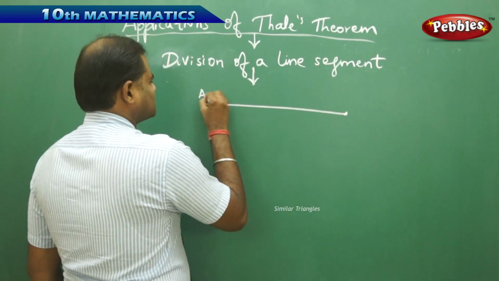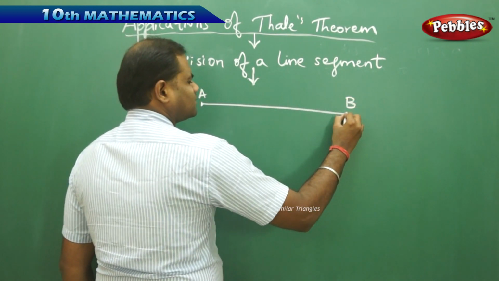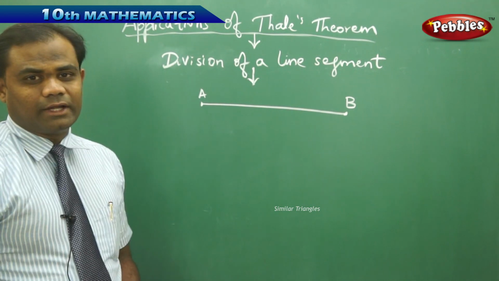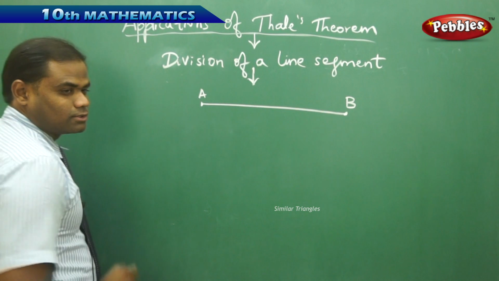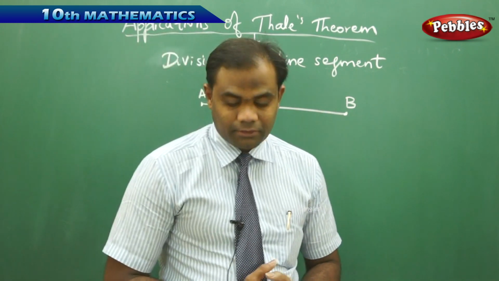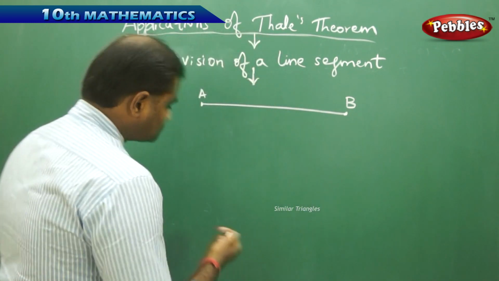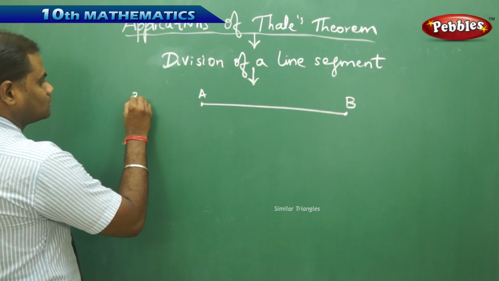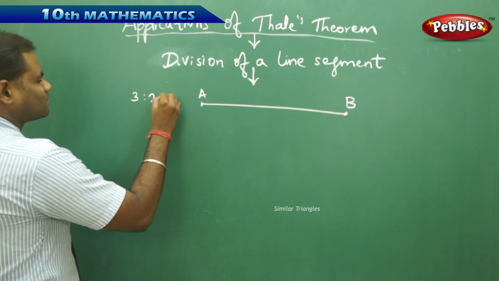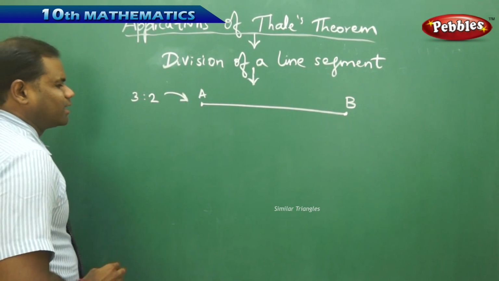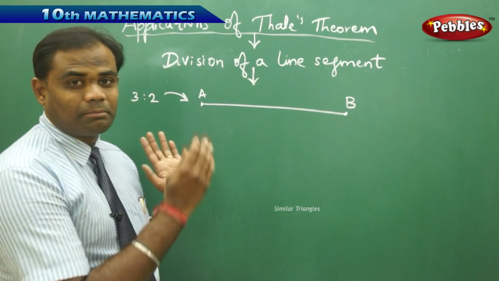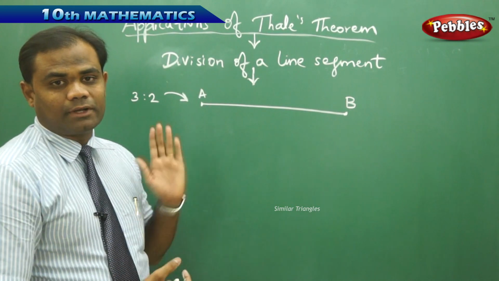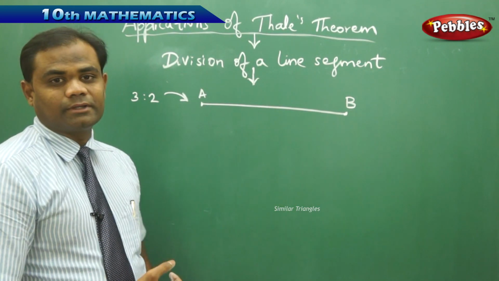AB is the line segment which I want to divide in the ratio 3:2. Let's see how I can divide this line segment in the ratio 3:2, that is 3 parts and 2 parts separated on the line segment.